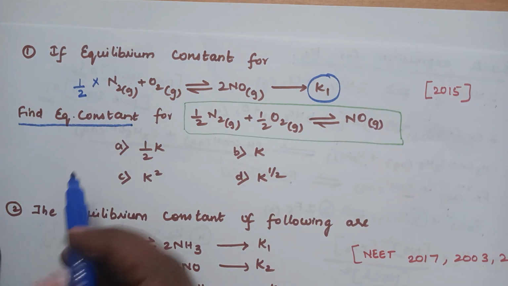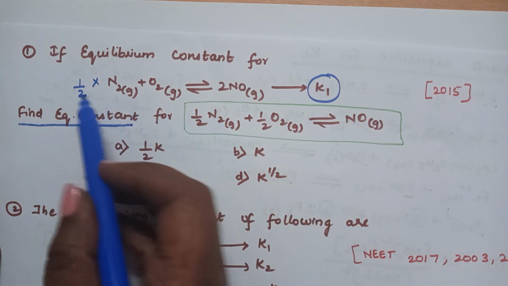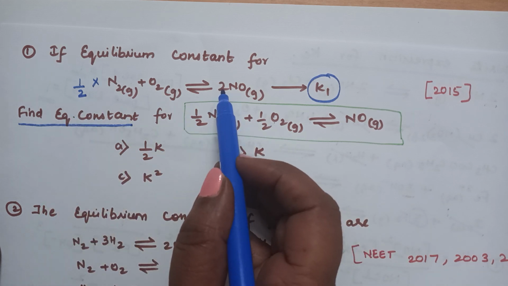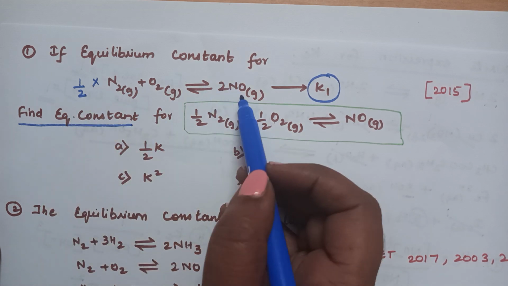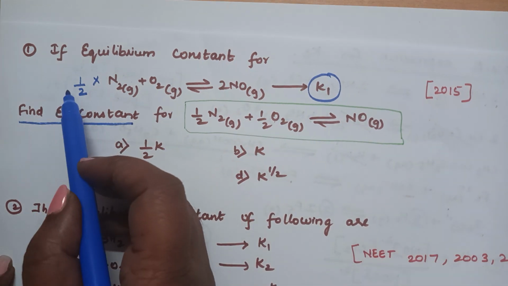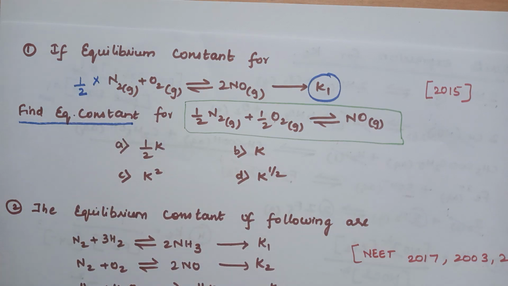So what is happening is, if we multiply this equation by half, what will you get? Half into N2, half N2. Half into O2, half O2. Half into 2, so 2 and 2 will get cancelled. So you will get only NO. So we are multiplying this equation by half. So when you multiply, what did I say?